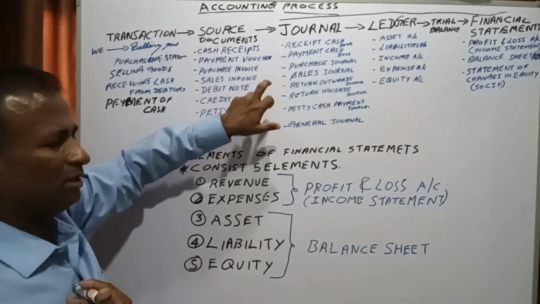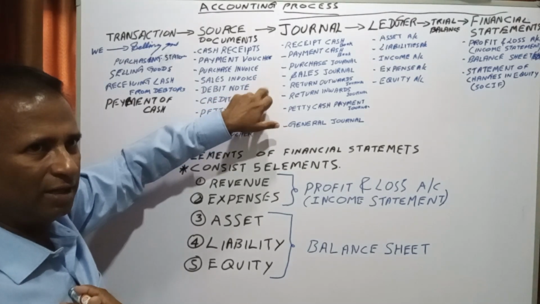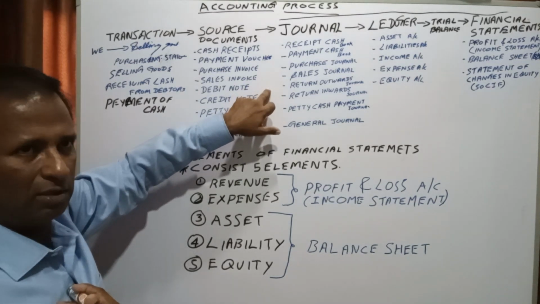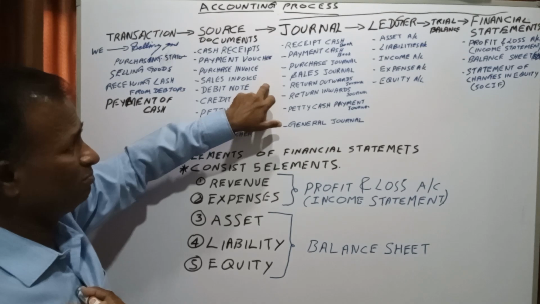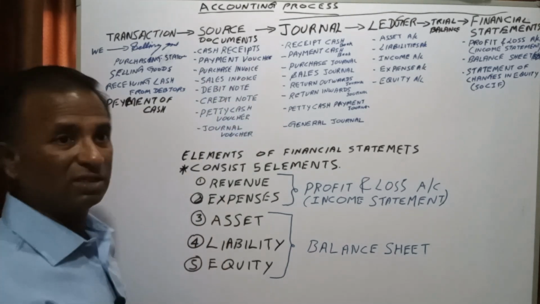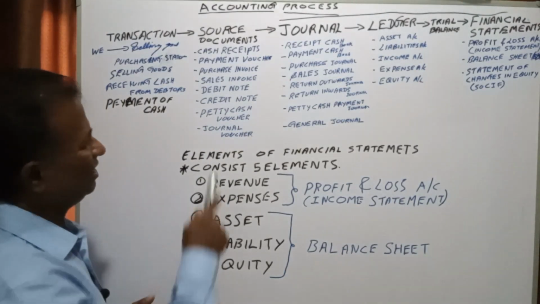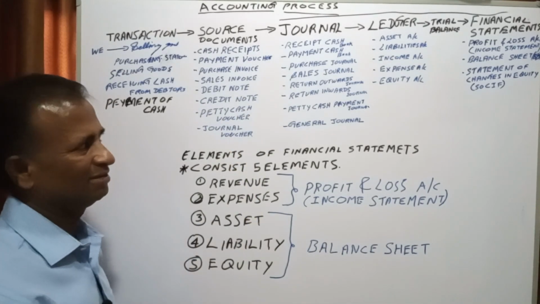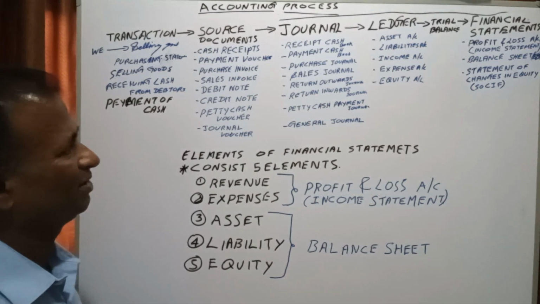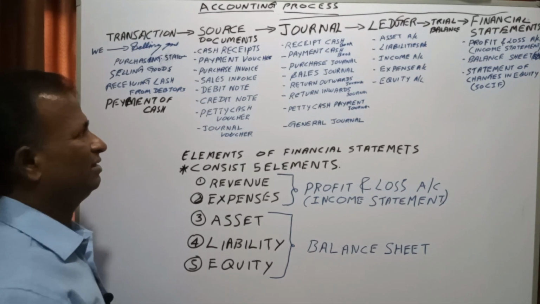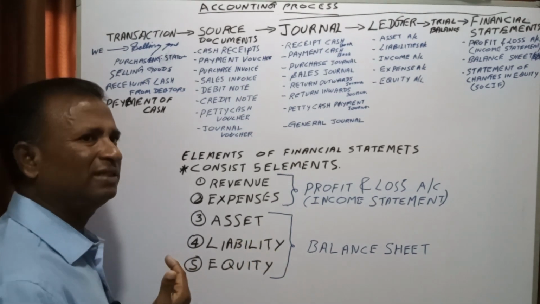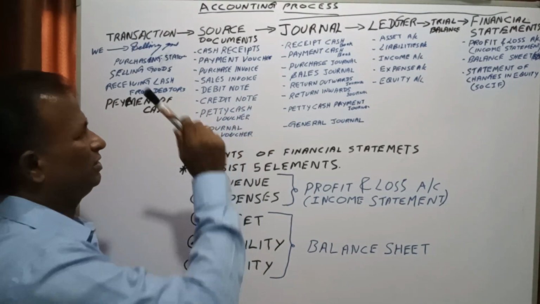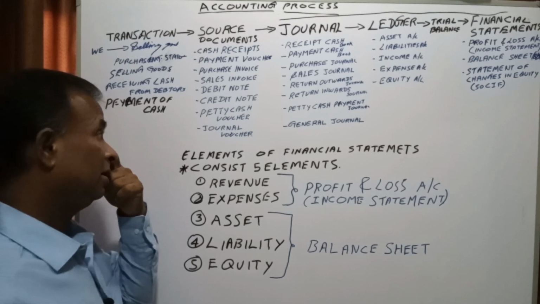At that time we will raise a debit note, based on goods return outwards. And credit notes are like that too. If we are making a sales, and the person is returning the goods back to us, at that time we are issuing the credit note.